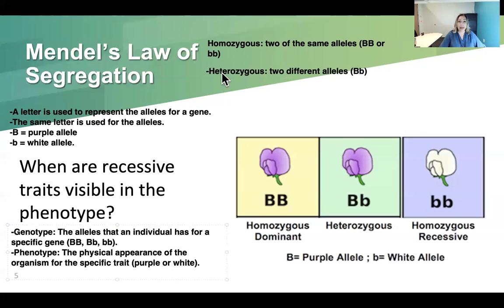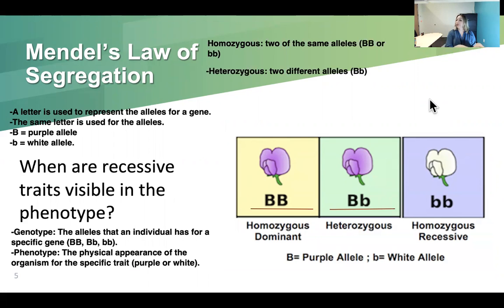So if you look at the image here, I have purple flowers with 2 types of genotypes. So here we have big B, big B, and that gives us purple. Big B, little b will give us purple. So if I'm just looking at a purple flower, I'm looking at the phenotype, I do not necessarily know the genotype.